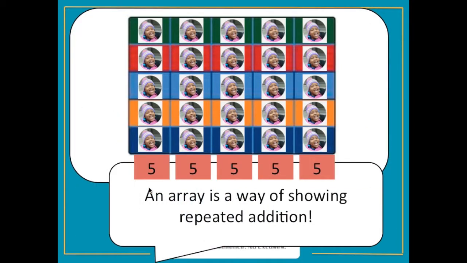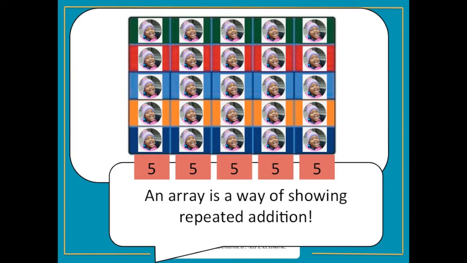So, count how many Namias there are. Go. Okay, so you counted the number of Namias that there were. The question is, how could you do it more quickly? You could count them like this. 1, 2, 3, 4, 5, 6, 7, 8, 9, 10, like that. But that's going to take you forever.